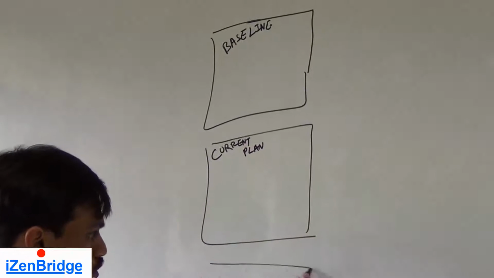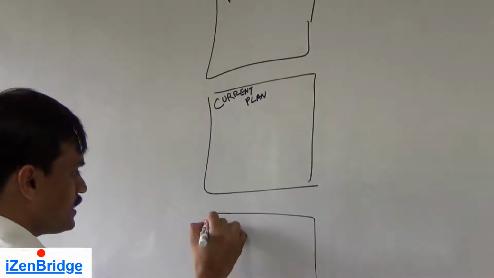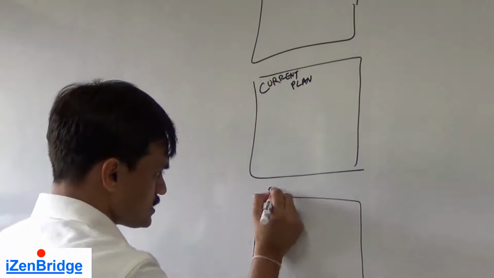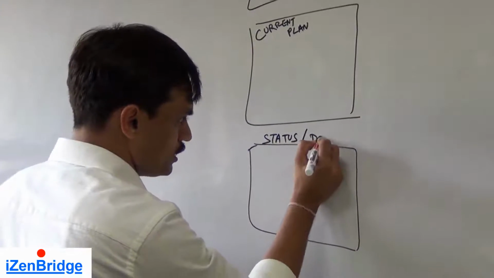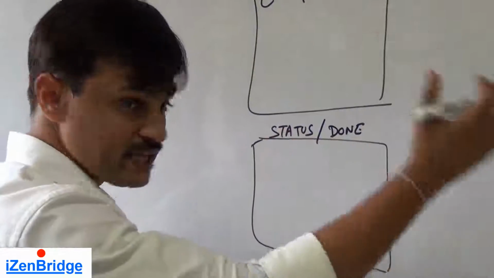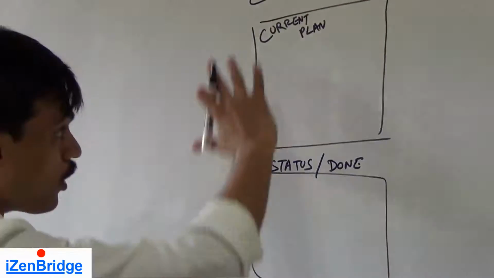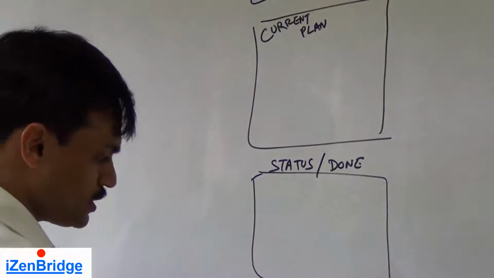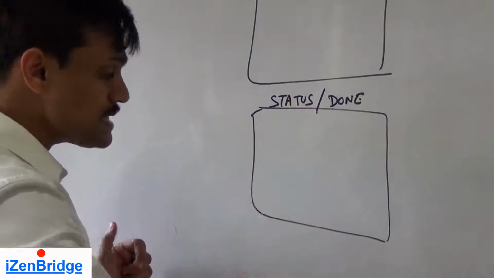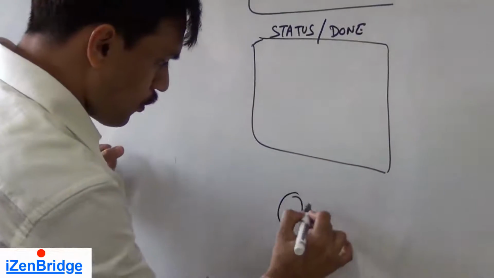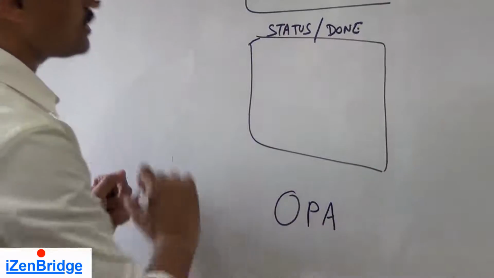The third input talks about what our status is, meaning which activities are done or completed, and to what extent. And to bind all these 3 together, recommendations from previous projects, lessons learned, and templates come from organization process assets.